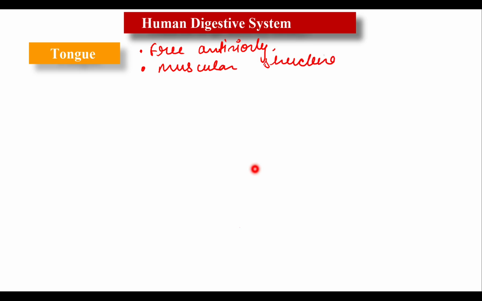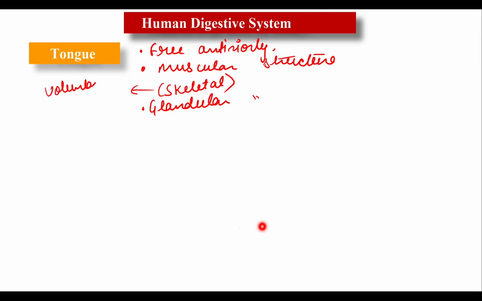Skeletal muscles are present here. So it is free anteriorly, a muscular structure as well as a glandular structure. Why am I saying glandular? Because there are some glands also present on the tongue. What type of muscles are present? Skeletal muscle, which is also known as voluntary muscle.